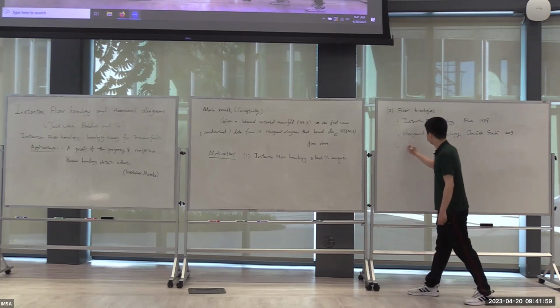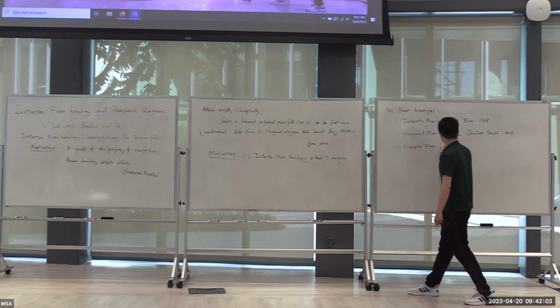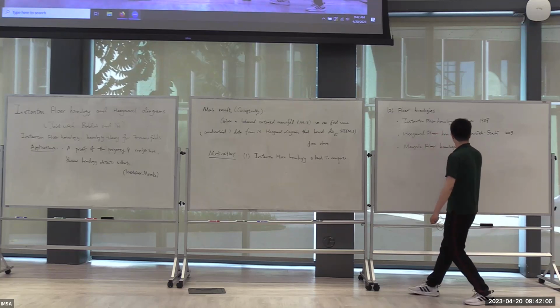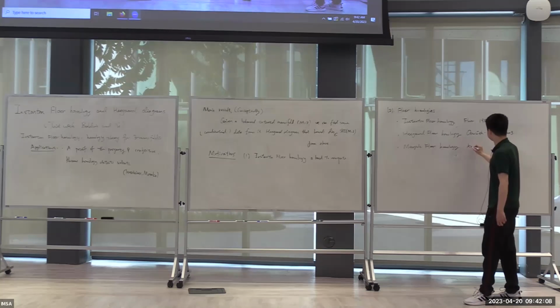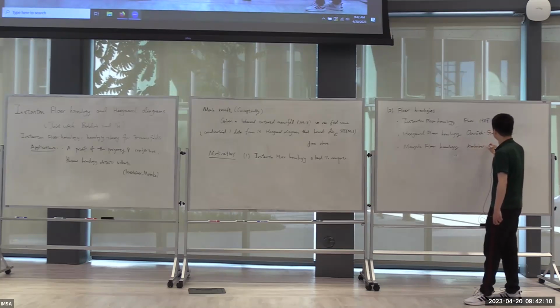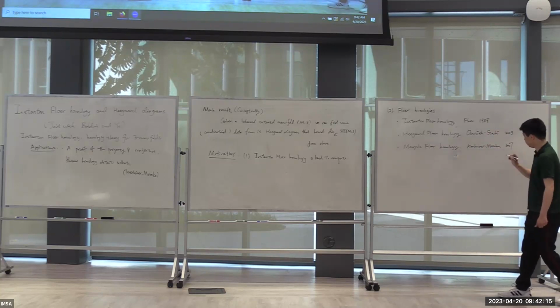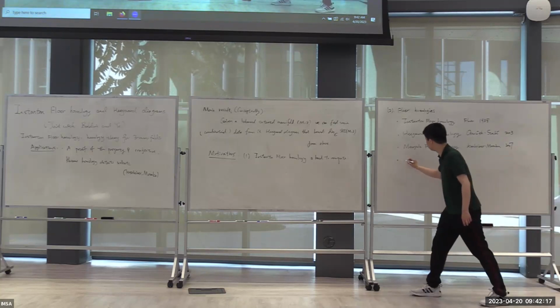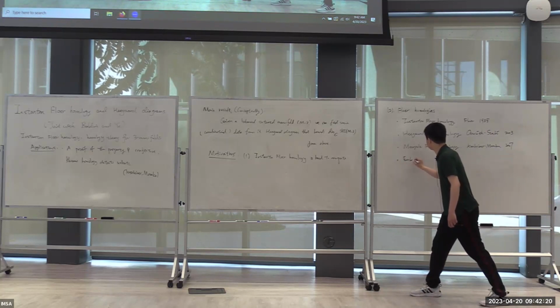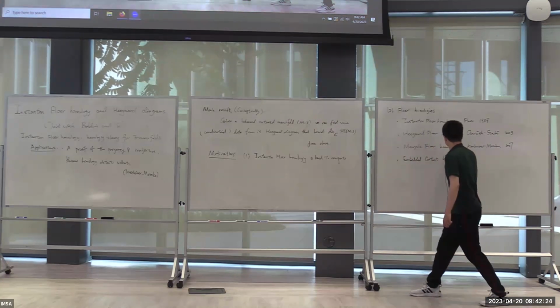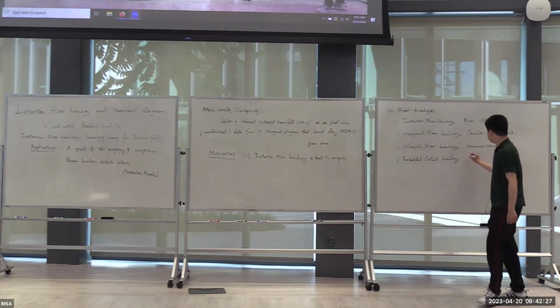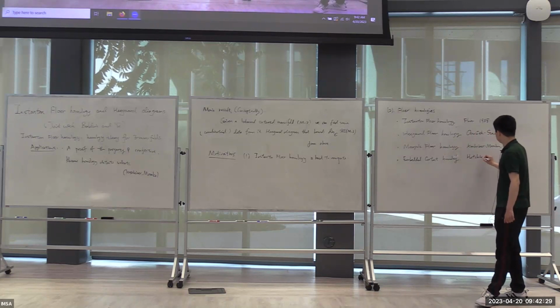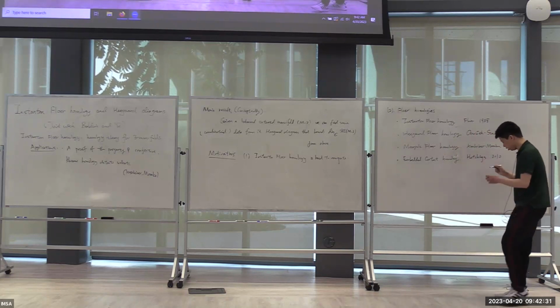Also we have the monopole Floer homology, introduced by Kronheimer and Mrowka, and they wrote a book on that in 2007. Also, we have the embedded contact homology, which is introduced by Hutchings, I think around 2010.